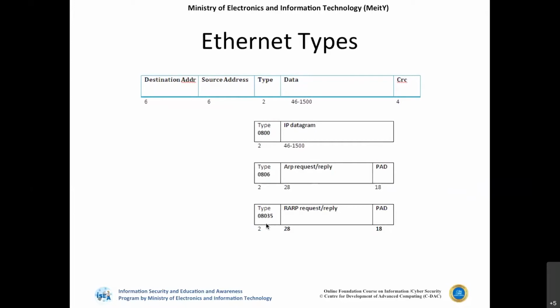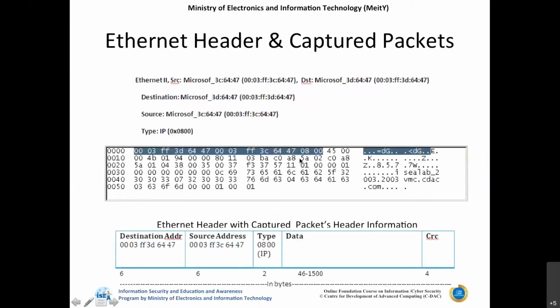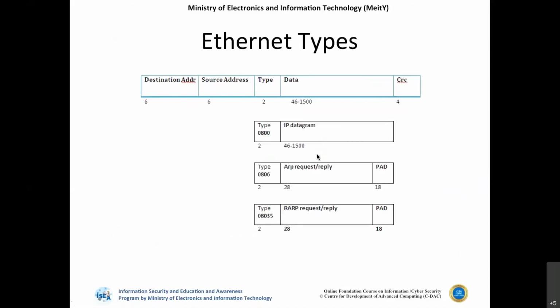Otherwise, if you collect any packet in your network, it is one of them only. So by seeing 0800 we can call it an IP packet. If instead of 0800, 0806 is there, it is an ARP packet. If 08035 is there, then we call it an RARP.